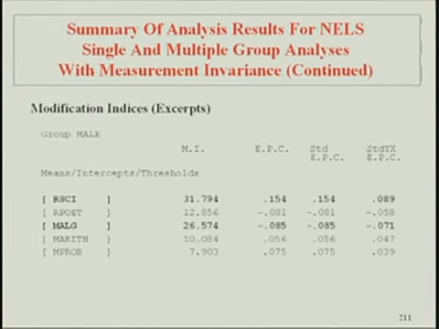When you see square brackets with a variable name in them, it's the intercept or mean or threshold of that variable. In this case, it's an intercept. So we came to the same conclusion now with multiple group analysis that we had come to with the MIMIC model, that reading science and math algebra are not invariant, based on their intercepts being different across the groups. So it's nice that they agree in that way.